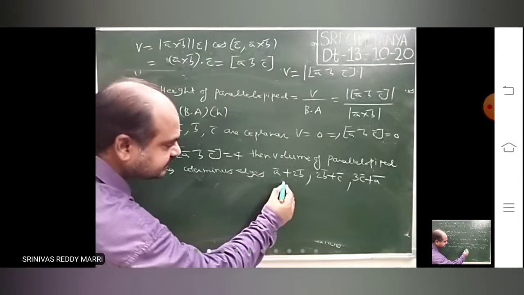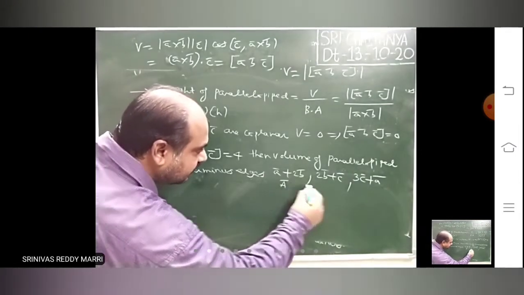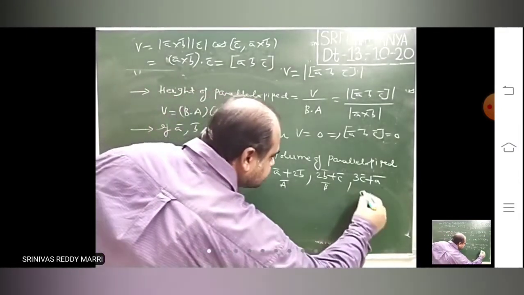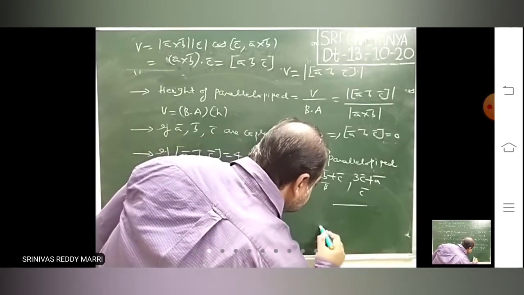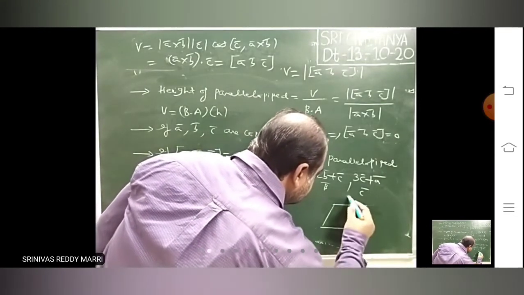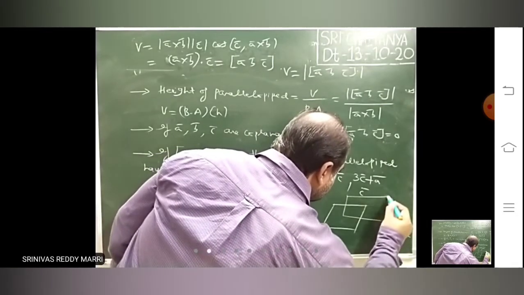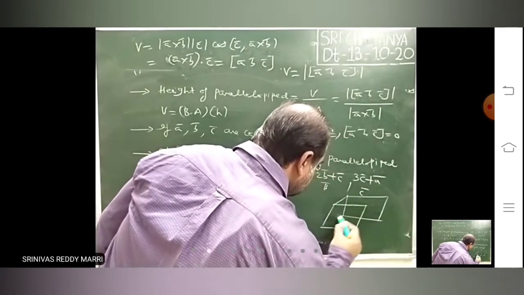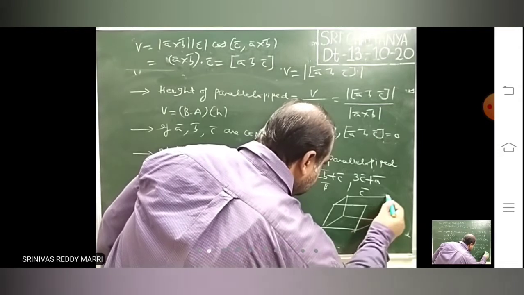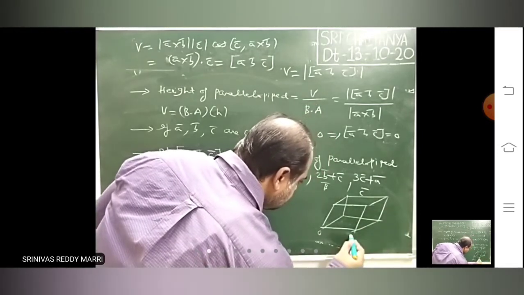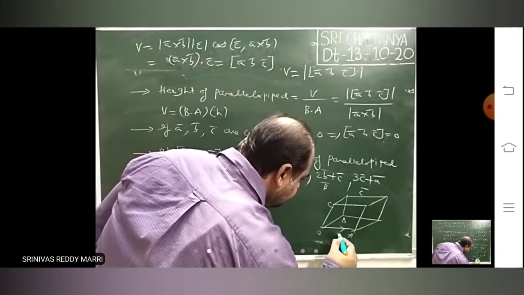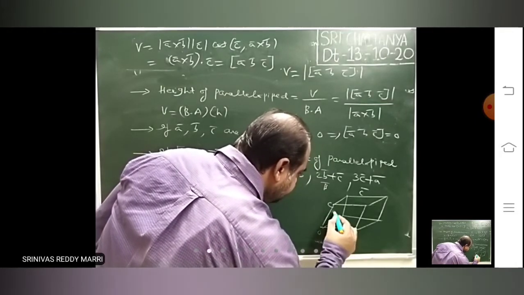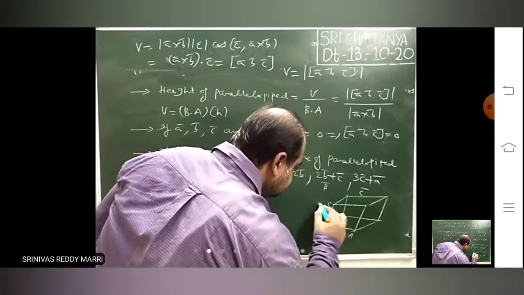Coterminous edges means, let us take this as A bar, this as B bar, this as C bar. This is A bar given, one vector, this is B bar, one vector, this is C bar.